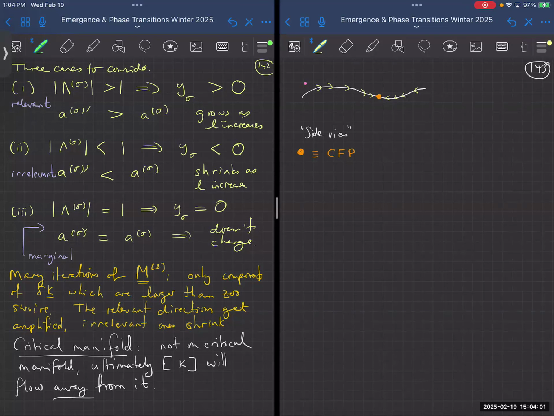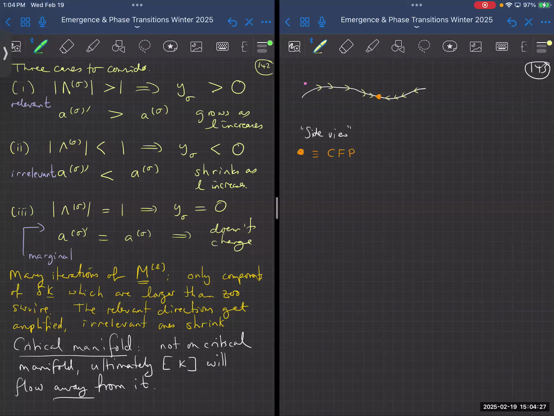As you do renormalization group transformations, they shrink, and so those components get smaller and smaller, and therefore you get closer and closer to the critical fixed point. Those, in fact, are the arrows that I've already drawn. So my deviation away from the critical fixed point is getting smaller. Therefore, those are the irrelevant directions.